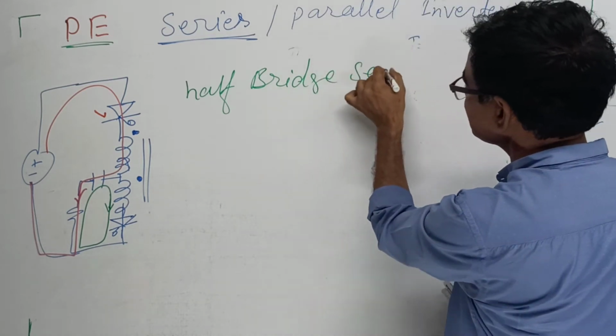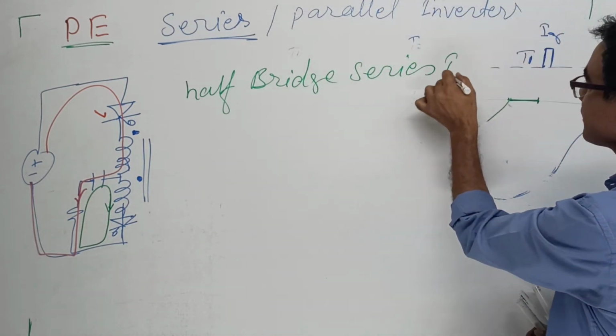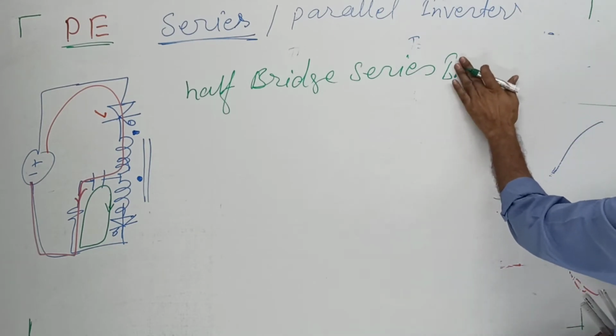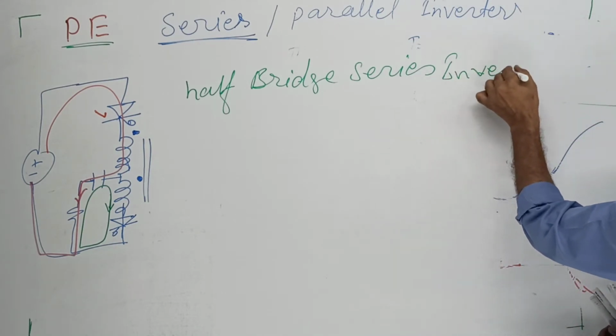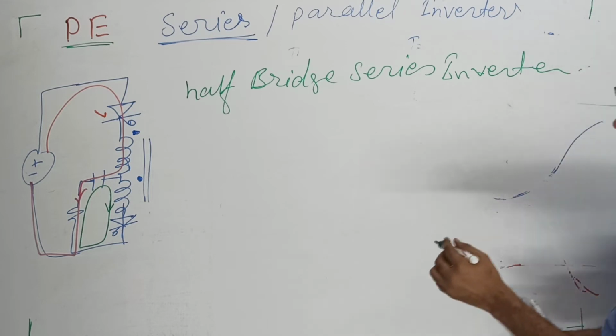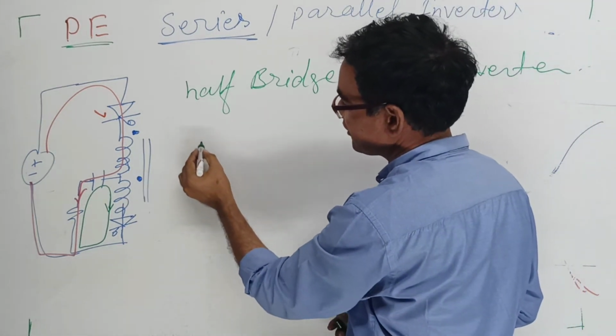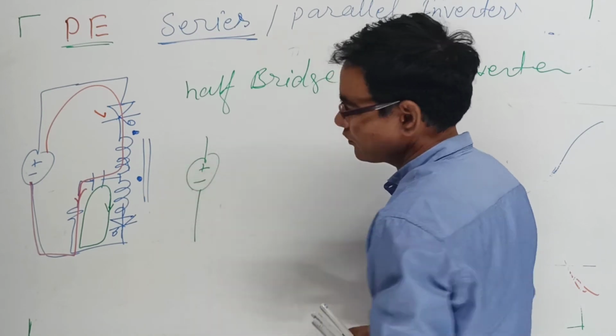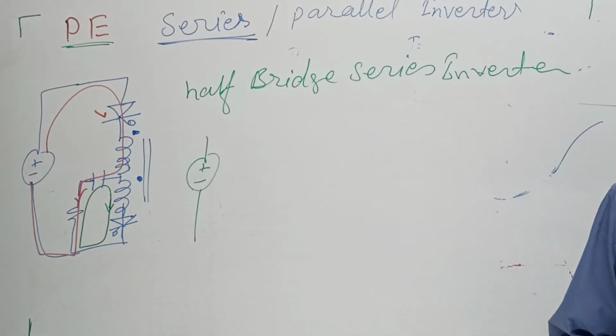Half bridge series inverter. And that half bridge series inverter is, this is the source, not the AC, the DC one. The source, two inductors and two capacitors.